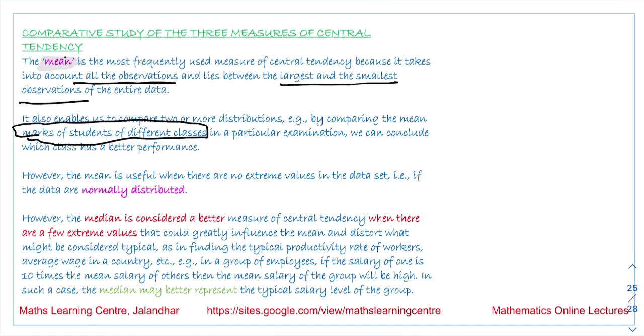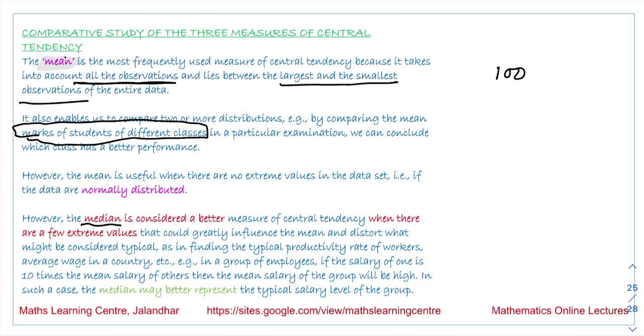Now if we consider the case of median, when there are some extreme values in the data, then we use median. What this extreme value means is, suppose I am talking about the wages of workers in a factory. Suppose the wages are in this form: 100, this is the wage for one worker.